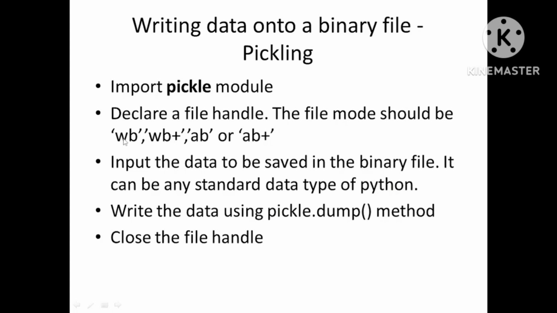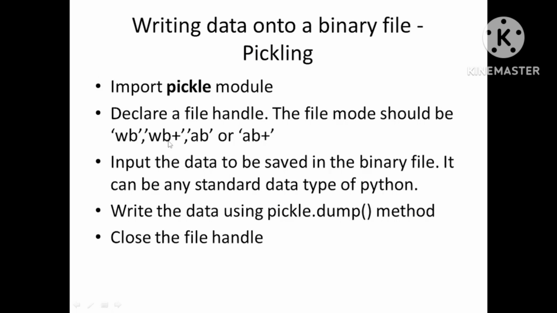Instead of w, you should give wb. wb+ or w+b, this plus symbol can come in between these letters. That is also allowed. ab is appending to a binary file. ab+ is reading or writing or appending. wb+ is writing as well as reading.